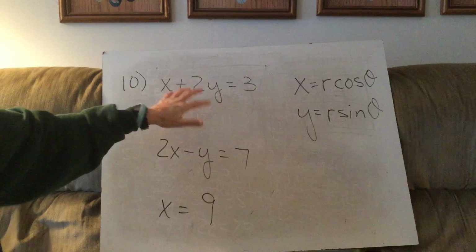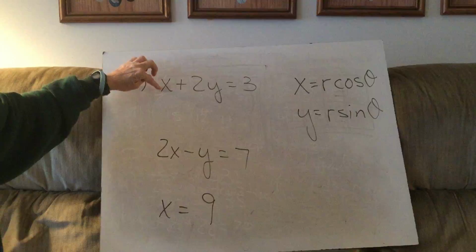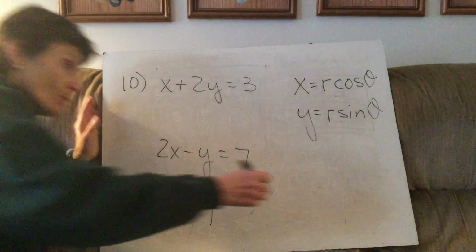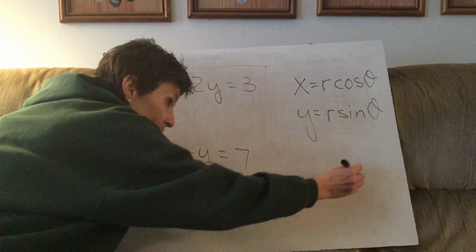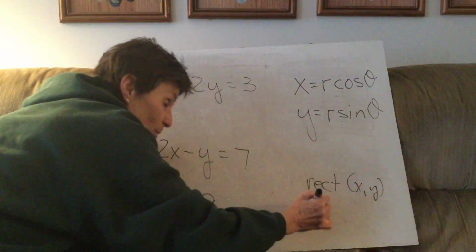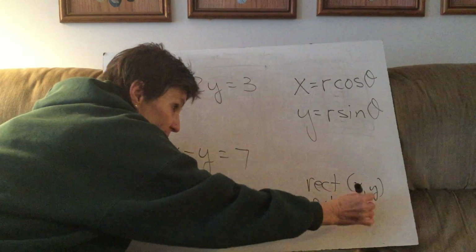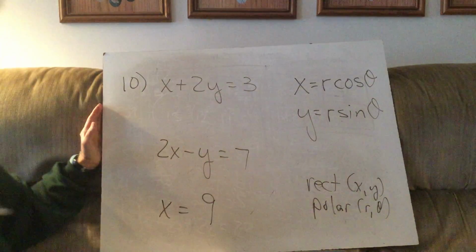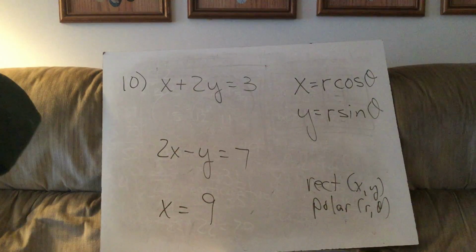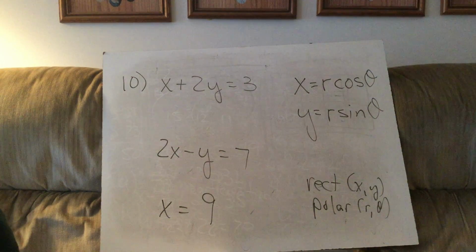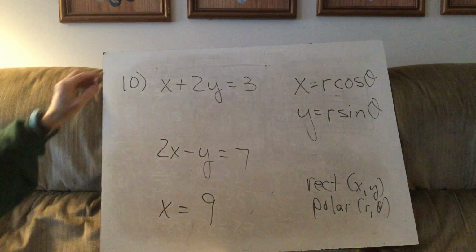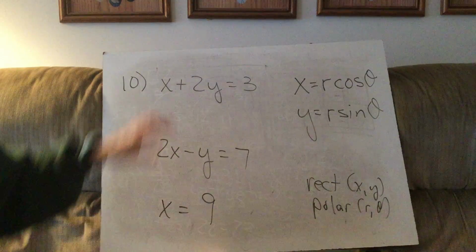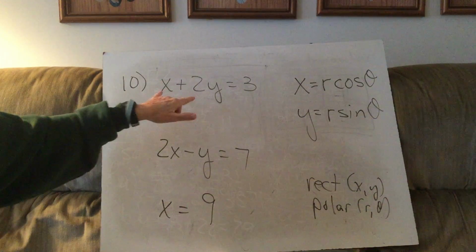This is rectangular because the variables are x and y. Remember, rectangular has x and y as your variables. Polar has r and theta as your variables. So when these directions say convert to polar, what they mean is get rid of the x's and y's because this is rectangular, not polar.